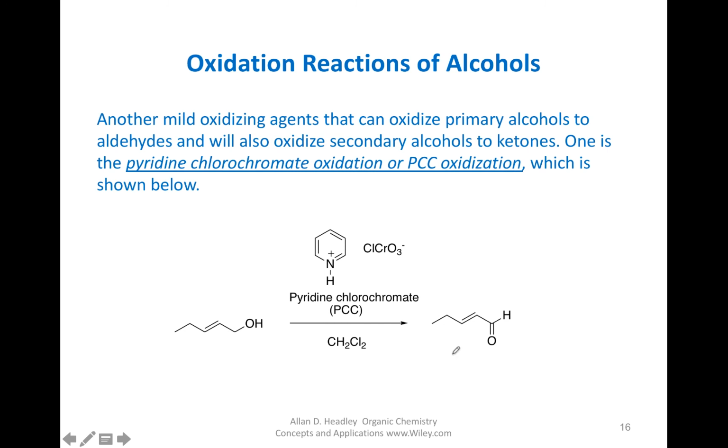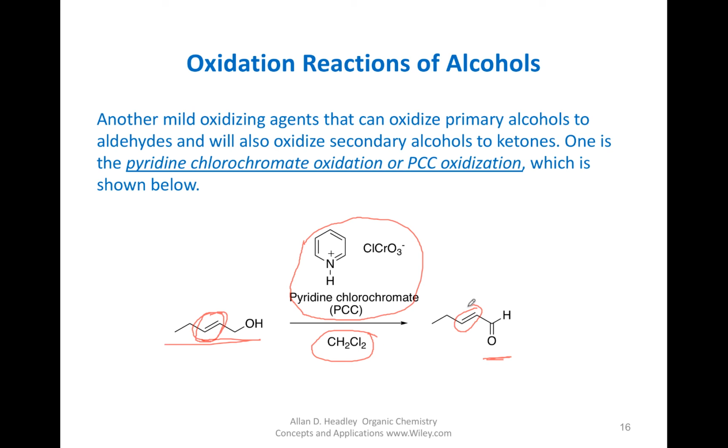Let's look at a third possibility. Here is pyridinium chlorochromate oxidation, or PCC. So what we have here is pyridinium chlorochromate. This is going to be your oxidizing agent, a mild oxidizing agent, in the presence of a solvent such as dichloromethane. It can take a primary alcohol to an aldehyde. Notice it maintains the other functional group in a molecule.